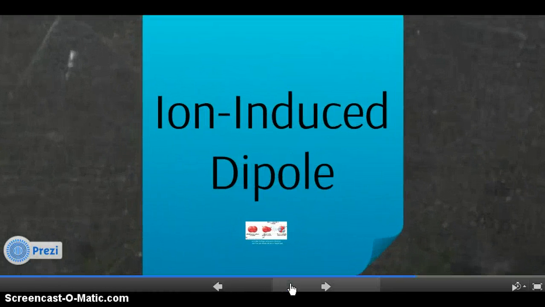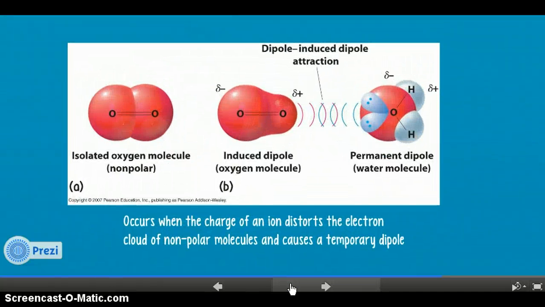Next, we'll go into ion-induced dipole, which is our temporary dipole moments. This occurs when the charge of an ion is distorted in the electron cloud of nonpolar molecules and causes a temporary dipole to occur.